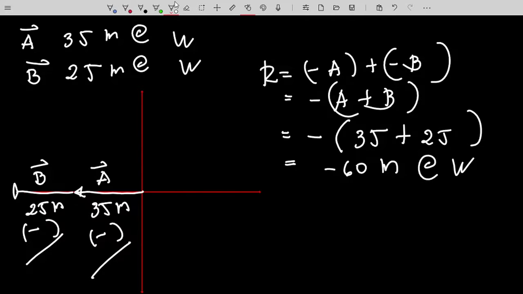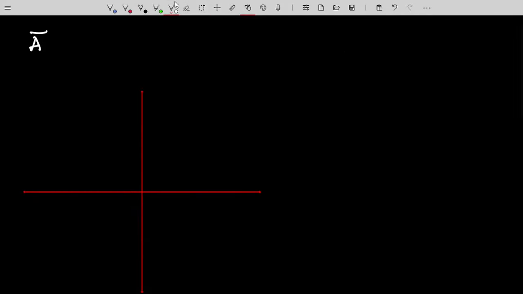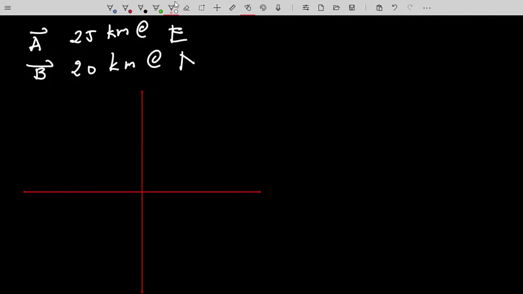Now, sometimes vectors do not run in the opposite direction nor in the same direction. Most often, they run perpendicular to each other. For example, let's say your vector A and your vector B, where the value of vector A is 25 kilometers east, and the value of your vector B is 20 kilometers north. The first thing to do, of course, is to graph it.